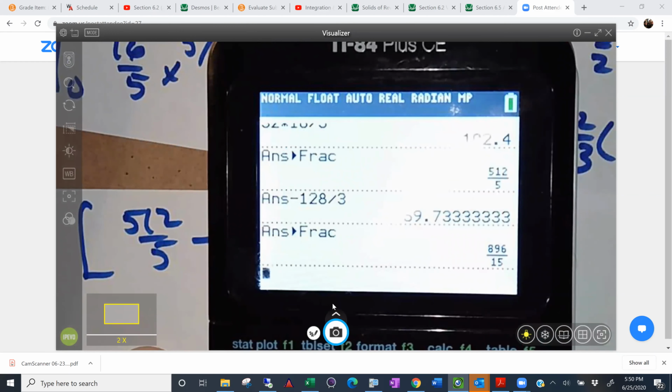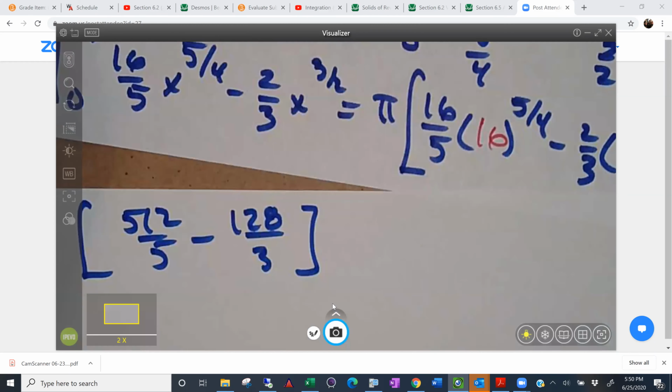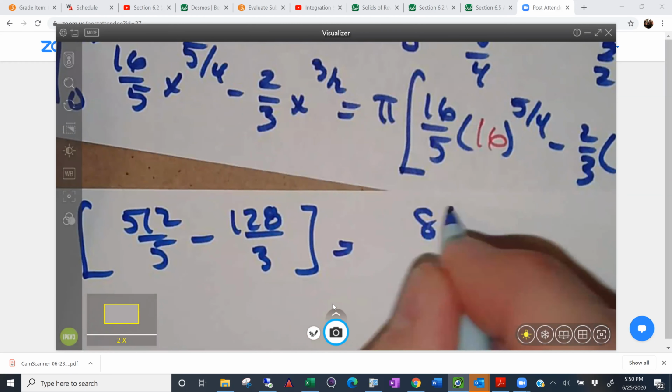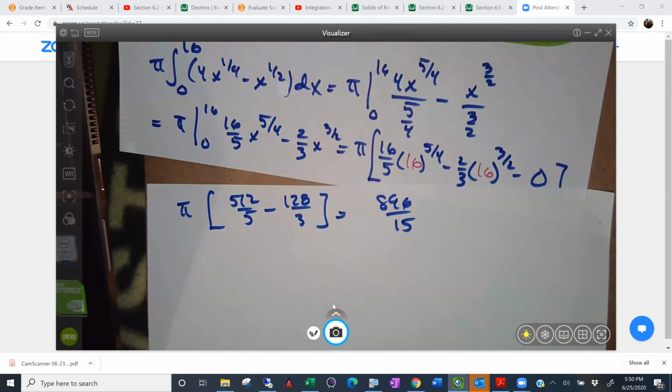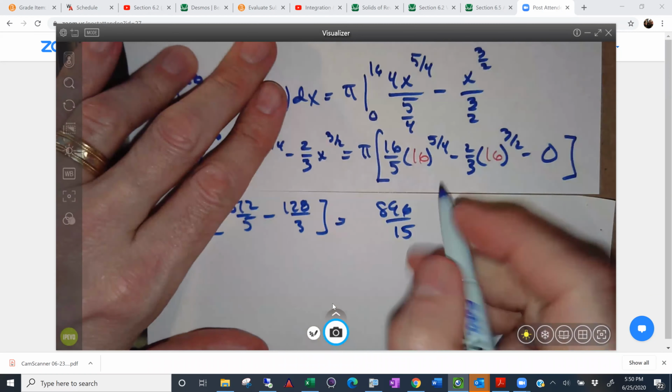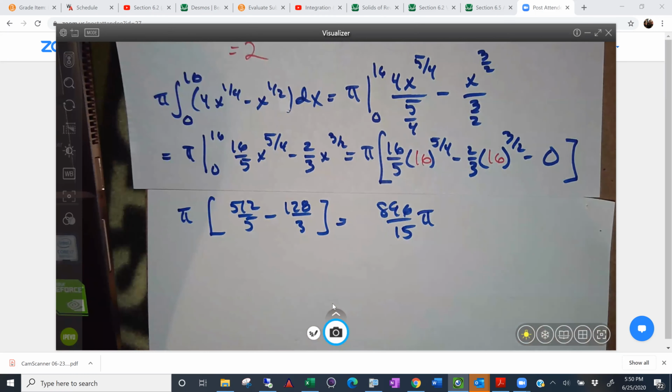Yeah, there you go, 896 over 15. Now the good news is if you're doing this for me on an exam and you forget the units of pi, I might not take off any points. WebAssign would just mark it wrong. So there we go, 896 over 15 times pi.